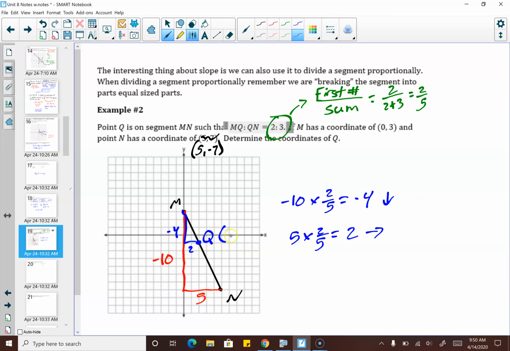There's point Q, which has the coordinates of (2, -1). So basically what we're doing when we graph it is we're just tweaking the way we did our midpoint. The only thing we're changing is instead of multiplying by a half, we do some quick math with our ratio to figure out what our fraction is actually going to be.